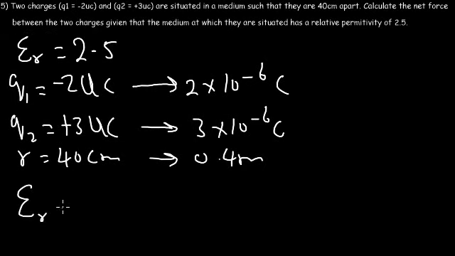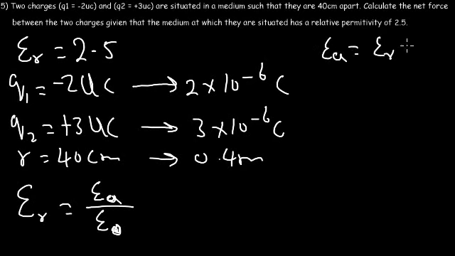So let's come back to this relative permittivity. We know that the relative permittivity is equal to the absolute permittivity, epsilon sub a, divided by the permittivity of free space, epsilon naught. Now, solving for epsilon sub a, it will be equal to the relative permittivity multiplied by the permittivity of free space. So that's 2.5 times 8.85 times 10 to the power of negative 12. Okay, let me write that properly.